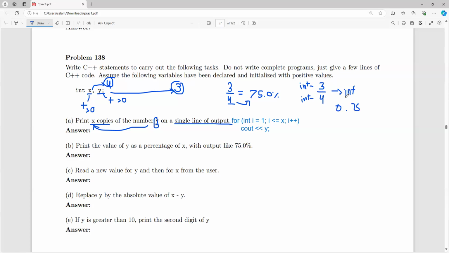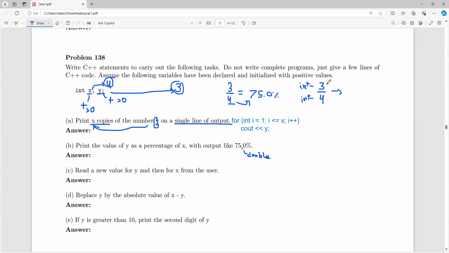If it always returns an int, it's going to chop off the 0.75, so it's going to give us 0. But we want the 0.75, right? We want to go from integer division to returning a double. Anything with percentage points is a double.